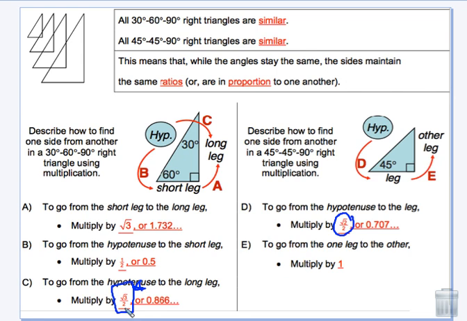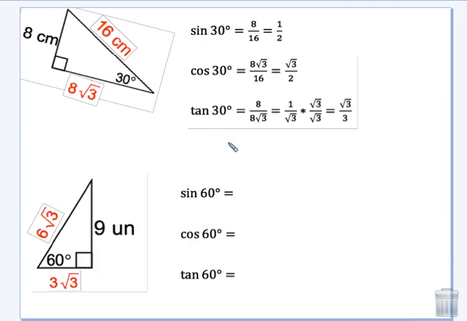The hypotenuse to the long leg was the square root of 3 over 2, and then the short leg to the long leg was the square root of 3. So that's very similar to our sine, cosine, and tangent functions. Our tangent is a little bit different, and we'll get into that later on in our next unit. But for now, I hope you see how these values are related.